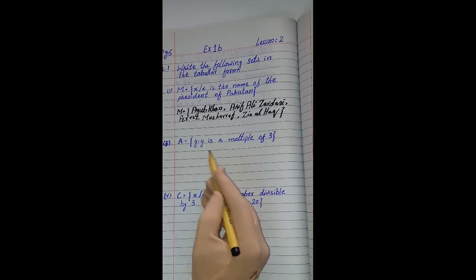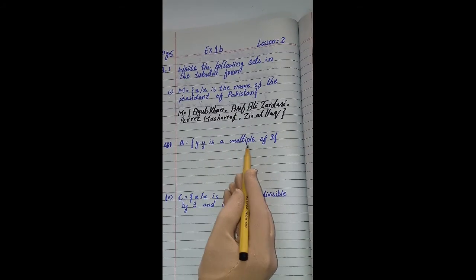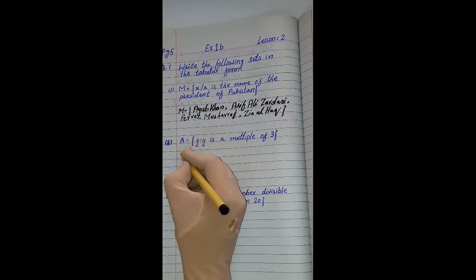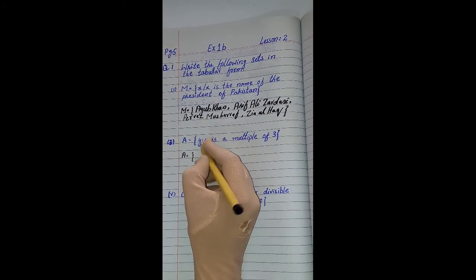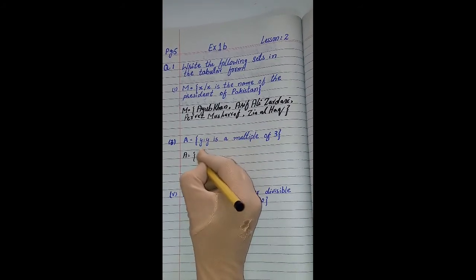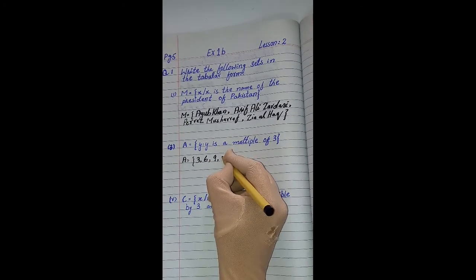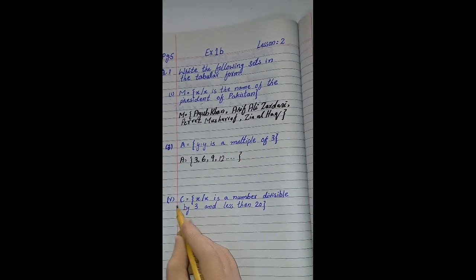Part 3. A. The set A has an element Y where Y is the multiple of 3. You have to write the multiple of 3. Multiple of 3 are 3, 6, 9, 12 and so on. Part 5.